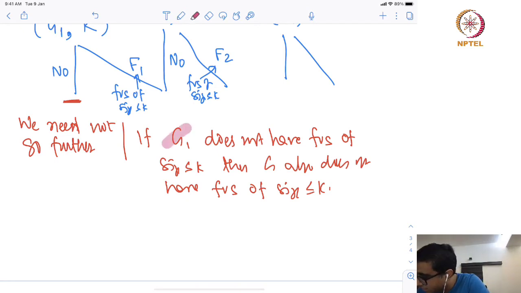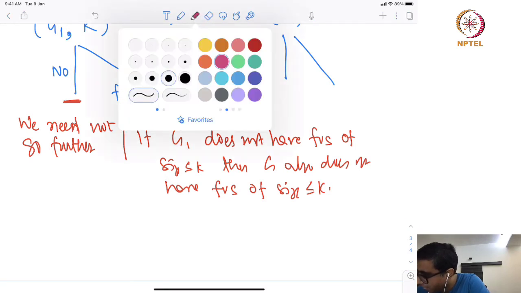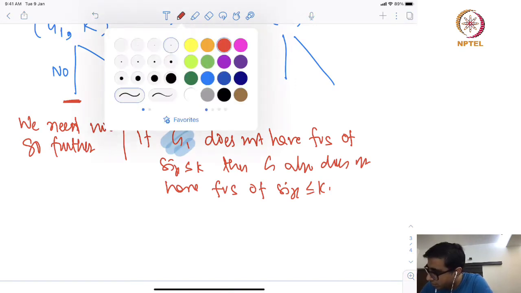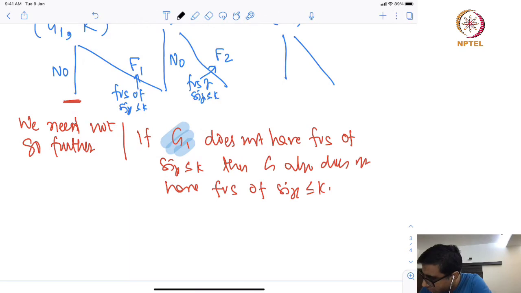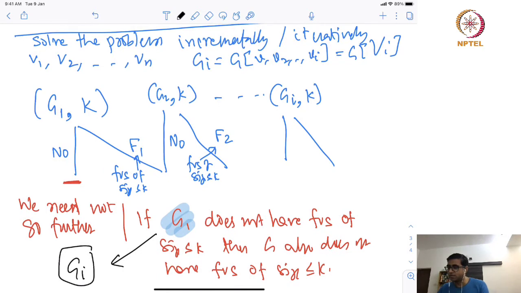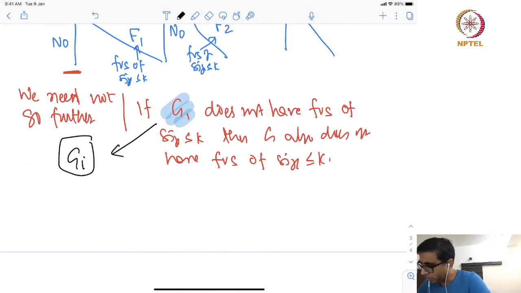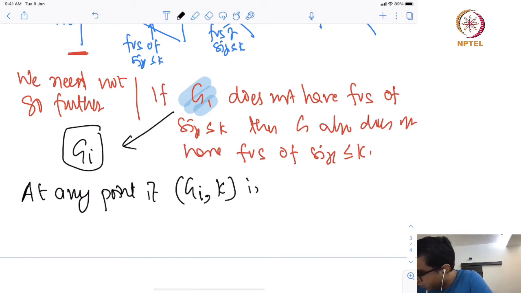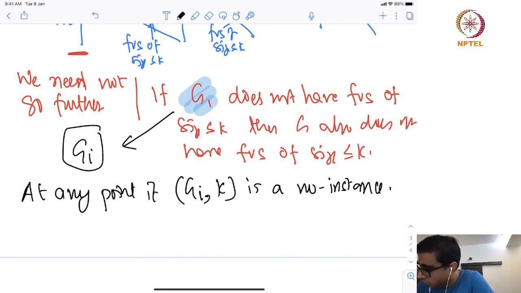Notice there is nothing special about G_1. At any stage, I could replace this with G_i. So at any point, if G_i comma k is a no instance, what will we do?